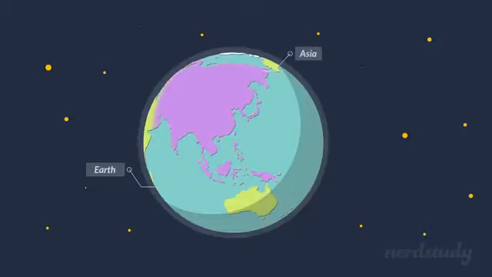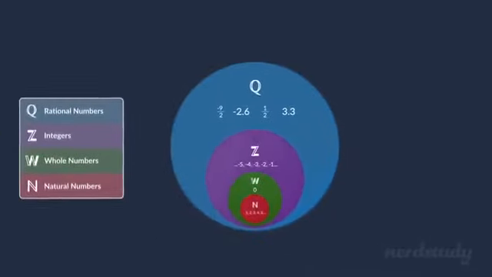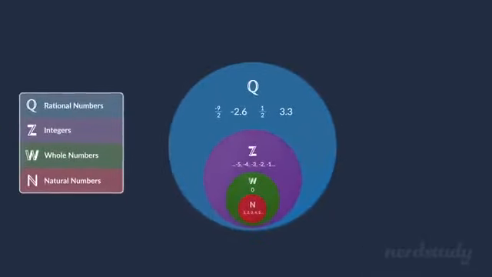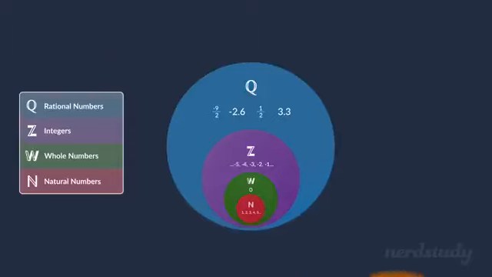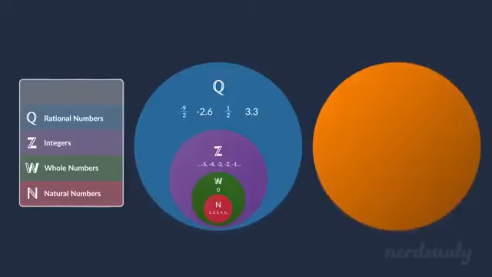Good. Now, there's a whole different set of numbers that is not within any of these. This set of numbers cannot be expressed as a fraction. Another way to describe this is that this set is completely separate from the rational numbers altogether. Fittingly so, we can call these numbers irrational numbers.